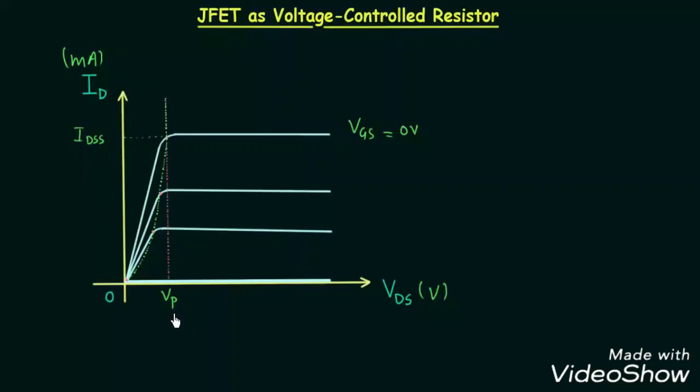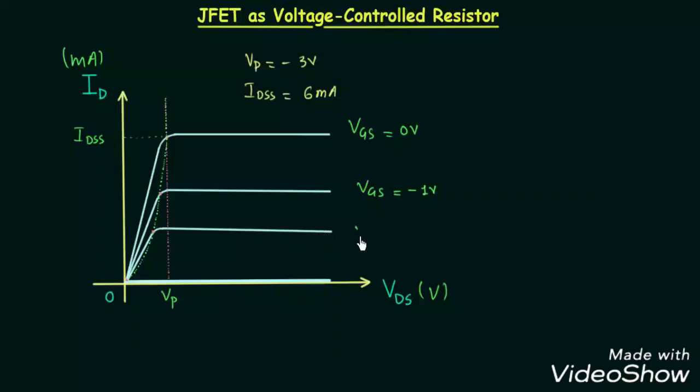IDSS and VP is already given for the JFET, and let's say IDSS is equal to 6 milliamps and VP is equal to -3 volts. Now we will talk about the curve number 2. This curve is obtained when VGS is equal to -1 volt.